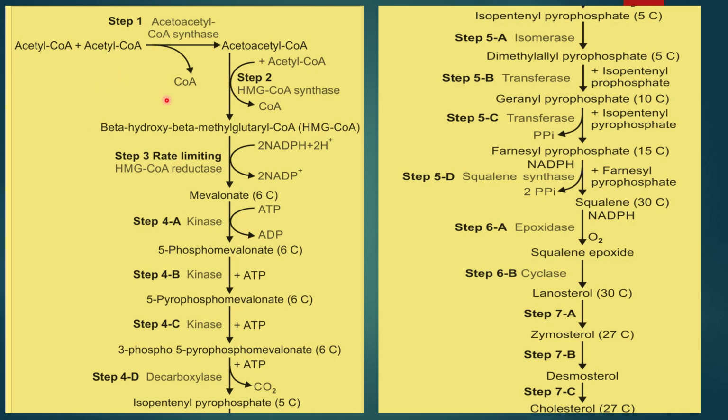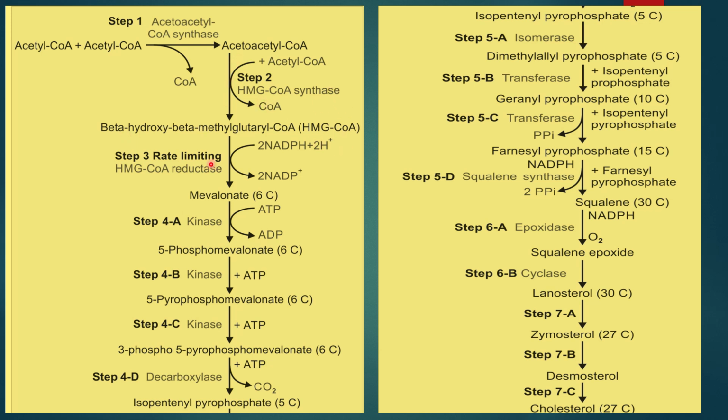The major synthetic pathway starts from two acetyl coenzyme A molecules. These two molecules fuse with each other in the presence of the acetoacetyl coenzyme A synthase enzyme, and this leads to formation of acetoacetyl coenzyme A. Then in step 2, another molecule of acetyl coenzyme A fuses, leading to the formation of beta-hydroxy beta-methyl glutaryl coenzyme A, and the enzyme is HMG coenzyme A synthase.